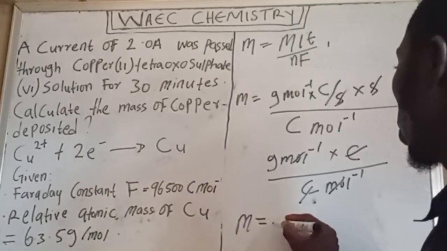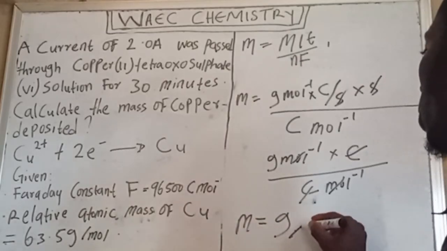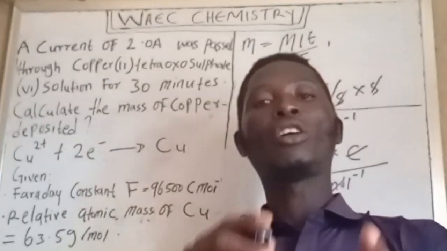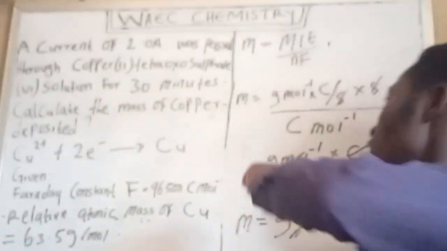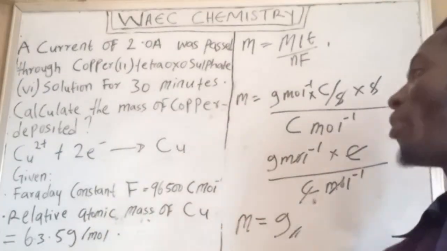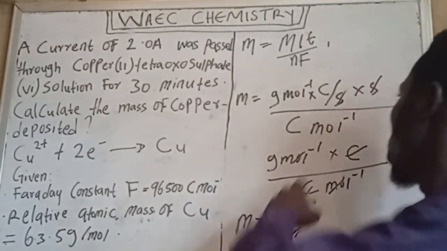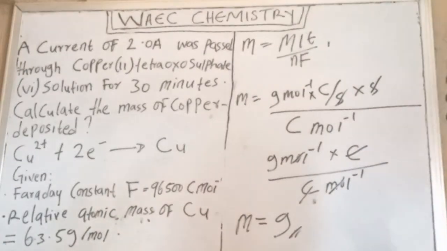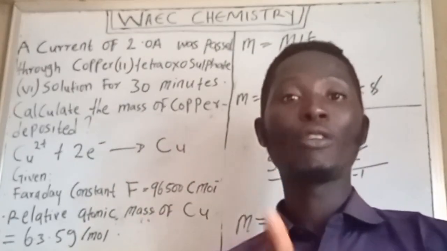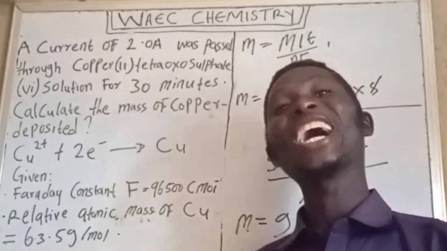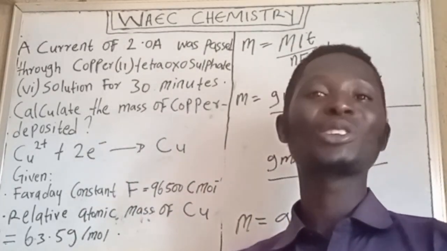Your m is equal to gram. So this is why we convert our value in minutes to seconds, because there are no minutes here, in order to get our gram. So unit is the fastest way for you to know whether your calculation is right or not.